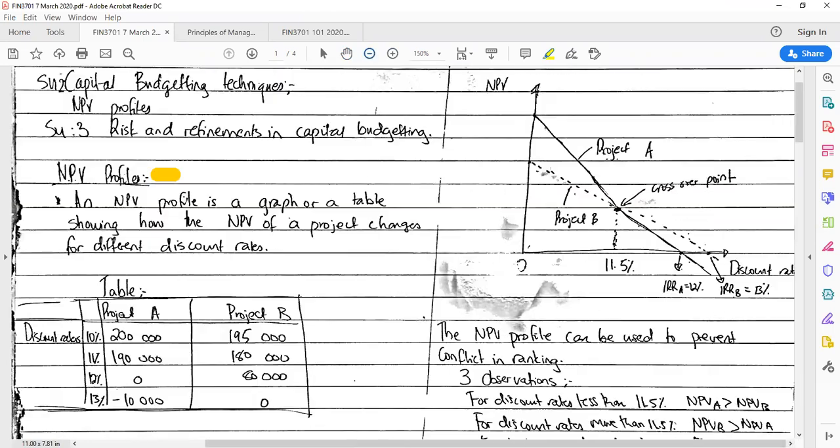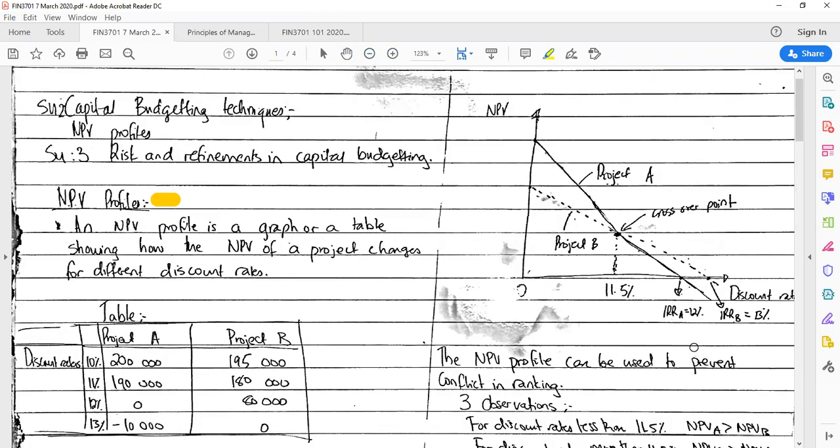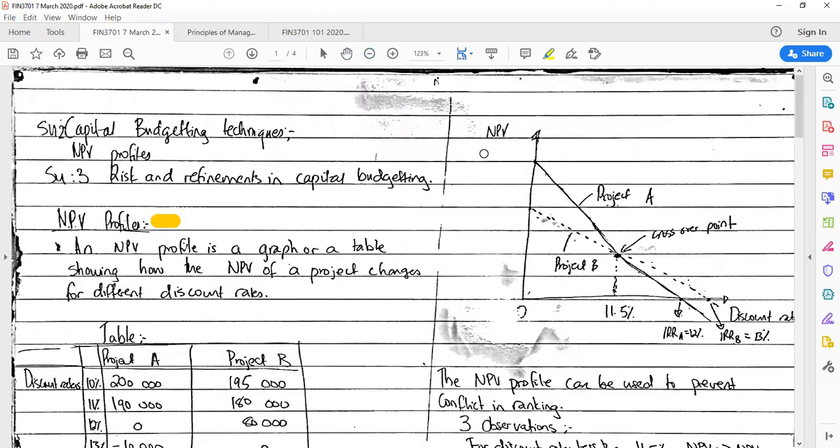In this diagram, we have the NPV on the y-axis, and we have the discount rates on the x-axis. So this line is showing the NPV of project A. It's showing us that as our discount rate increases, our NPV is going down.